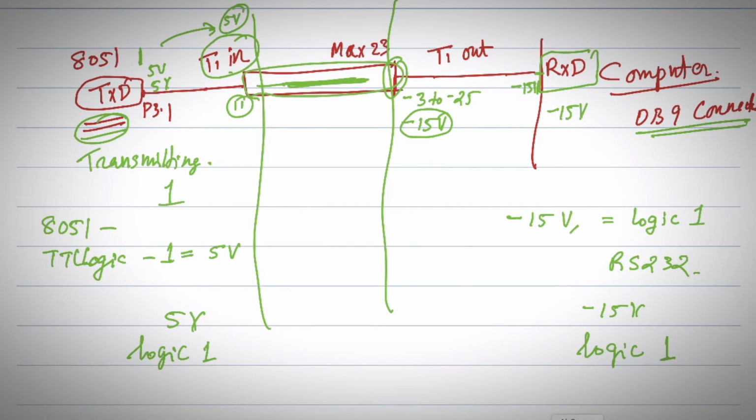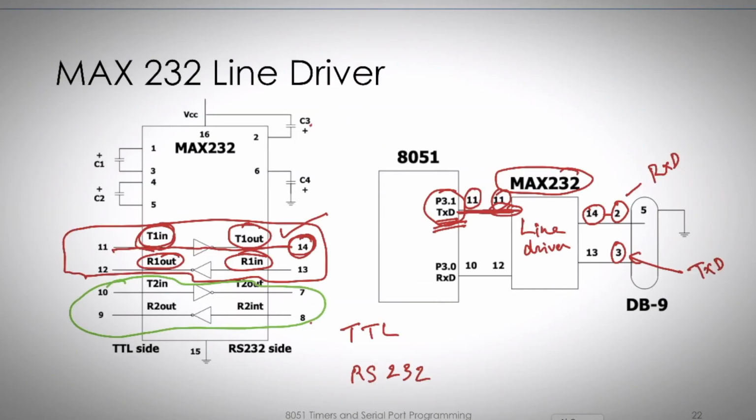Similarly, while receiving also, what you will be receiving is what is transmitted from the DB9 connector. Suppose you are transmitting a 0 in the DB9 connector. You know very well a 0 is represented by any range between +3 to +25.